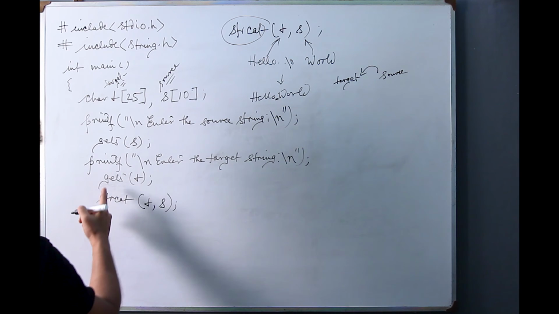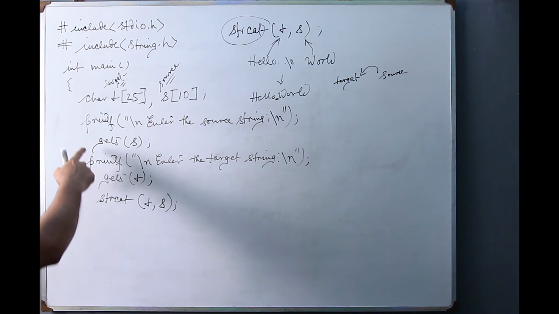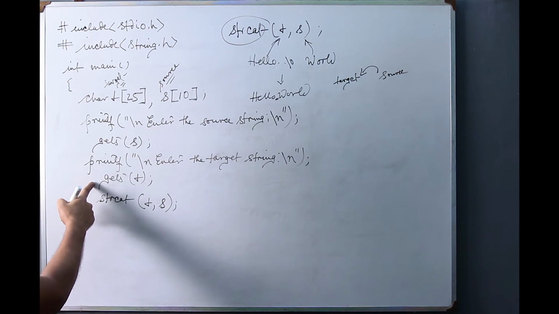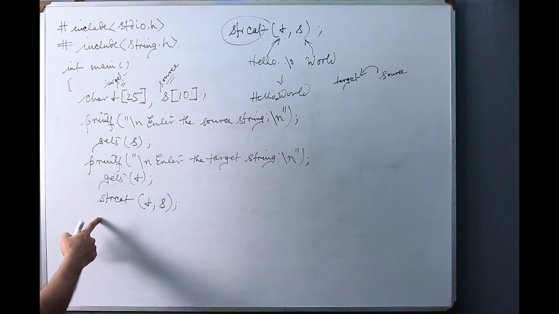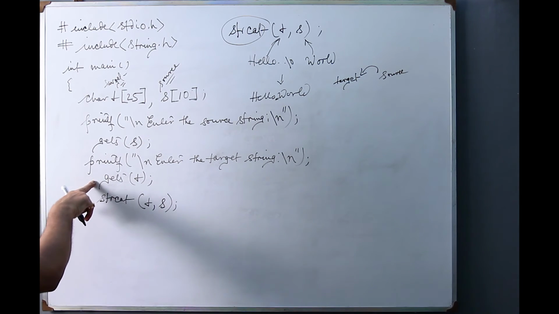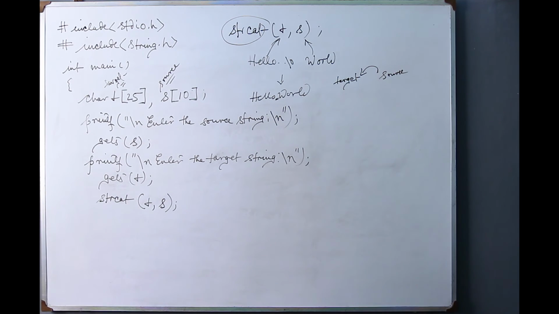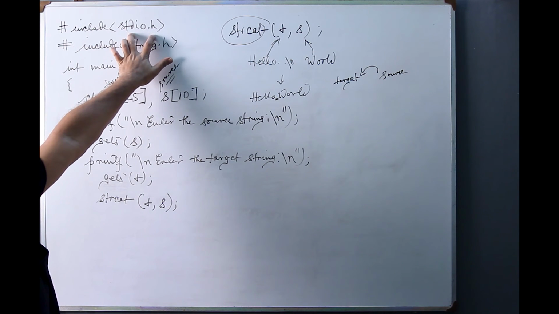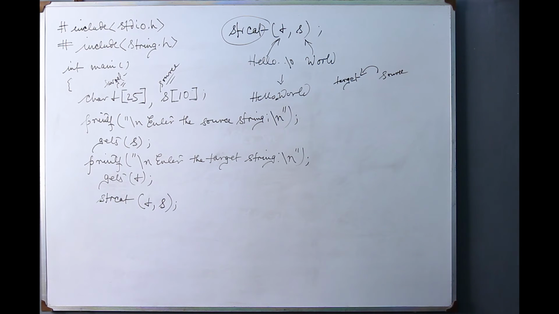I'll just use the puts function because we have taken this gets for the string handling purpose. This gets is used twice, so I will just use the puts function. So gets and puts, as you already know from my previous videos, are included in the stdio.h header file, so there is no need to include any other header file to cater for those functions.